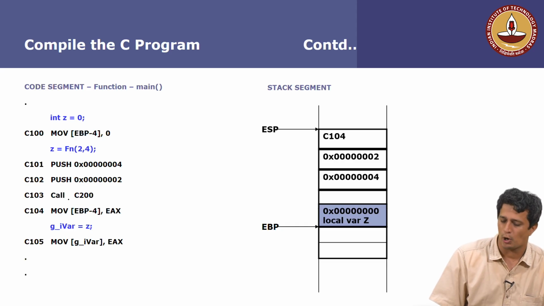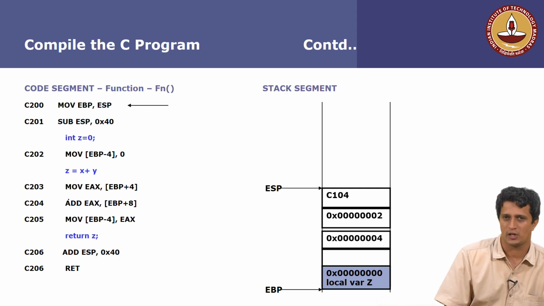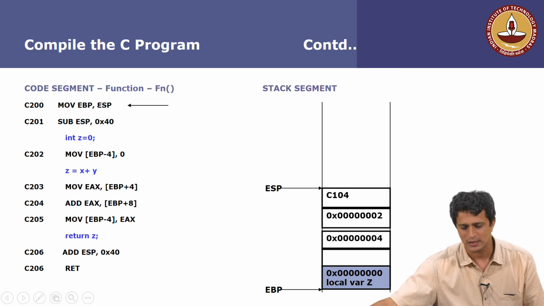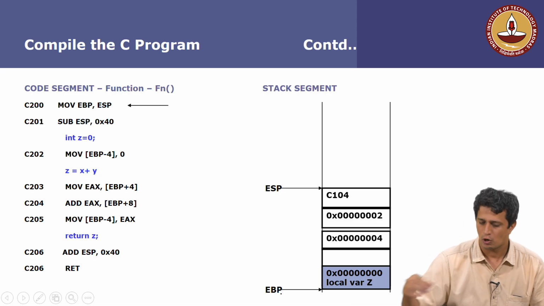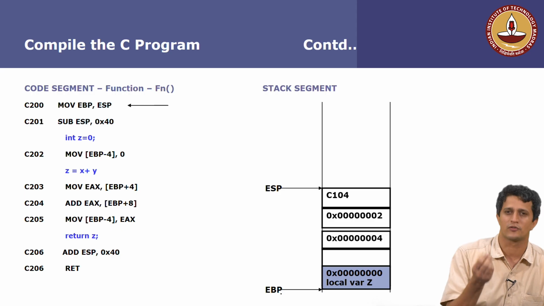Now the instruction pointer is loaded with the address C200, and we are assuming that our function Fn is sitting in this location C200. So now let us look at what happens here. First of all, as I already told you, any local variable will be accessed as EBP minus 4.